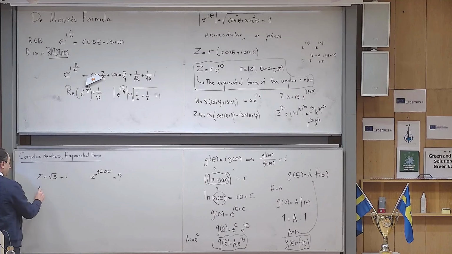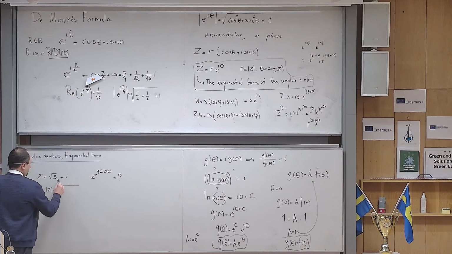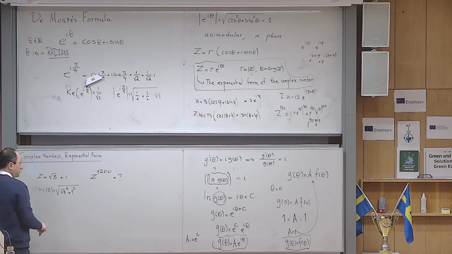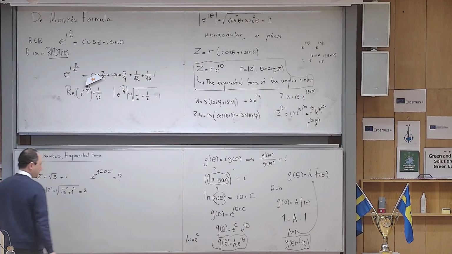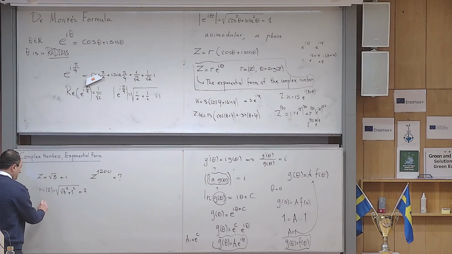So what I do, first of all, I will calculate the absolute value of z, which is r, and it becomes the square root of this number squared plus the imaginary part squared, so 3 plus 1 is 4, and the square root of 4 is 2. But then I need to find the argument. Do you remember, I always calculate tangent alpha using the absolute value of the imaginary part divided by the real part.